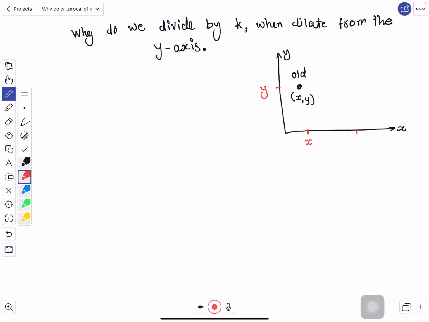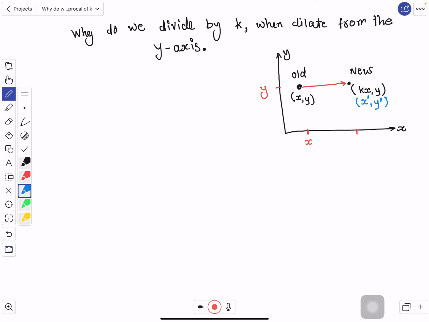When we dilate this, we move horizontally, and this would be the new point, kx comma y. We call this the new x, represented by dashes at the top, and the new y. Those two are the same thing.